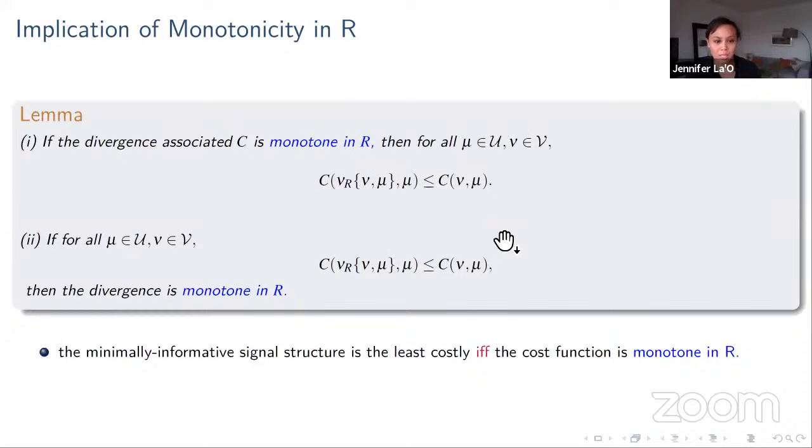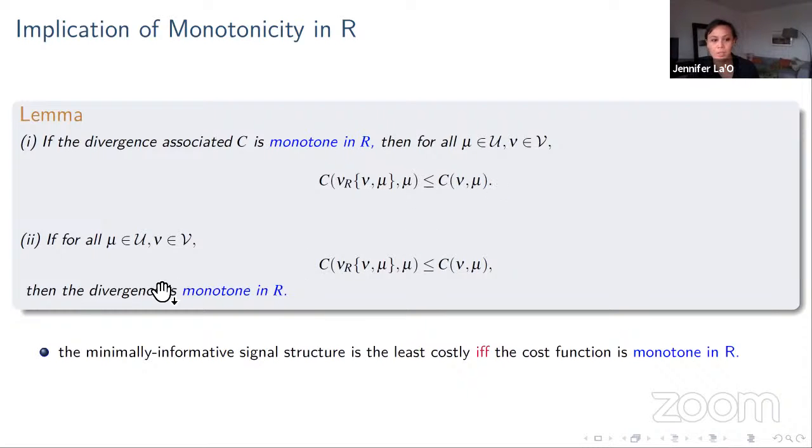So an intermediate lemma is that if the divergence associated with the cost is monotone in R, then this minimally informative signal structure, the one that pays no attention to R, is the least costly.